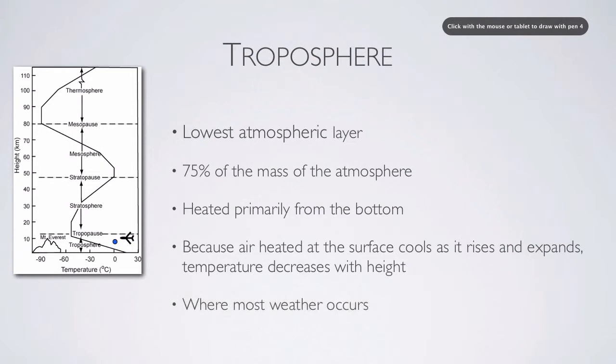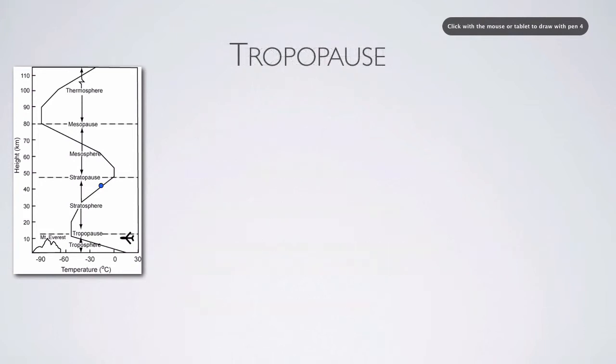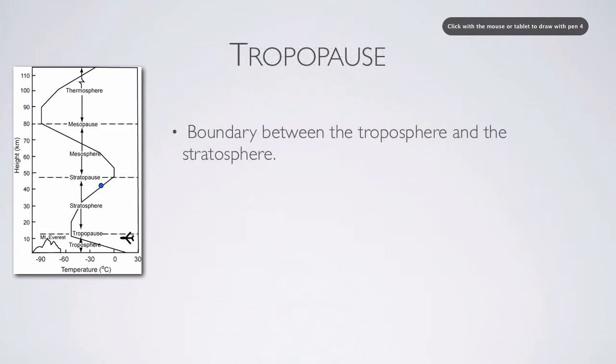Now the troposphere is important for a couple of different reasons, but essentially this is where most of the weather occurs. So most of the variability that we get in rainfall and in temperatures occurs within the troposphere. And the stratosphere, for example, is a lot more constant. Now the tropopause, as we said, is the boundary between the troposphere and the stratosphere.